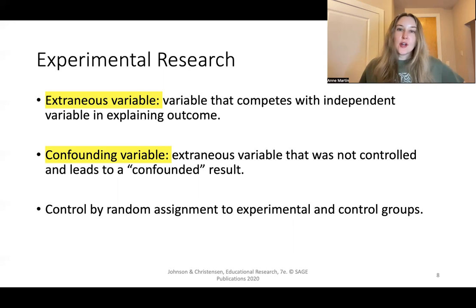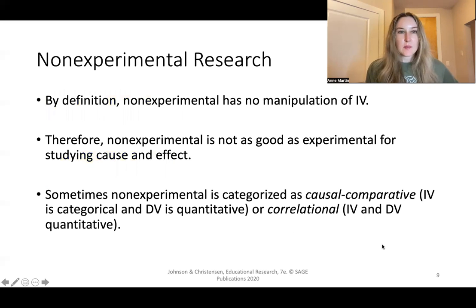But the confounding variable is when it is not controlled for, and therefore it does have a differential impact on the dependent variable. We've gone through a lot of different controls, and random assignment is one way to do that in experimental research.